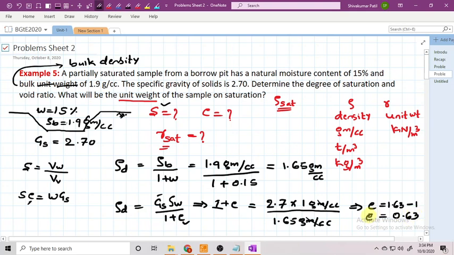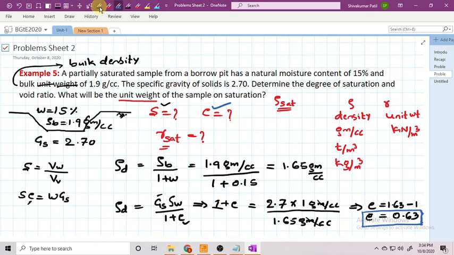So your E value is 0.63. This is the first parameter I got. Now you put this E value in this formula, then I can find out the degree of saturation.